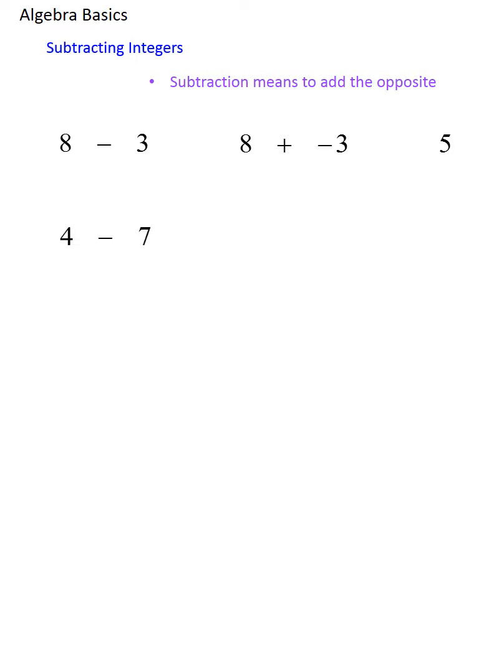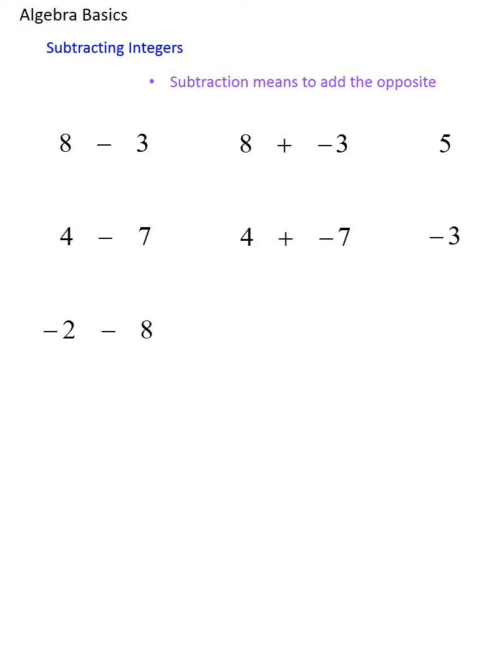Let's look at 4 minus 7. To do 4 minus 7 means to take 4 and add the opposite of 7, which is -7. Here, once again, I'm adding opposite sign numbers. And as we just saw in the recent problems, when you add opposite sign numbers, you subtract and take the sign of the bigger number, which in this case is 7.